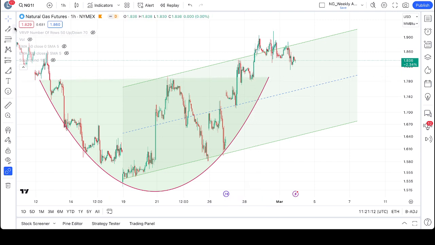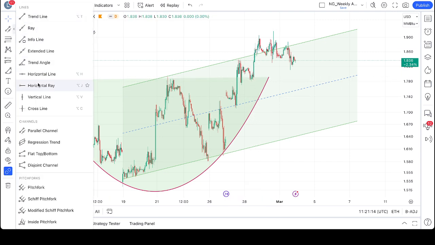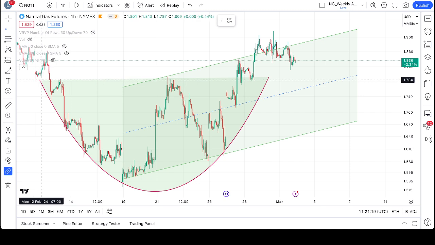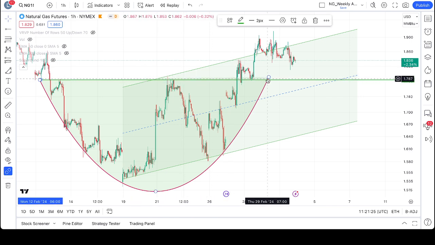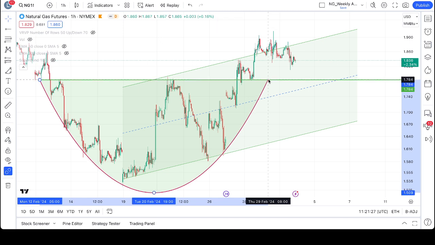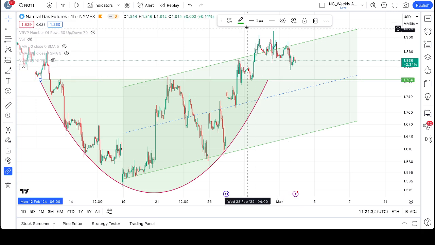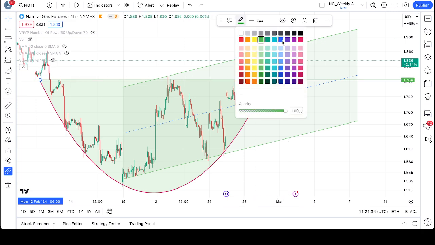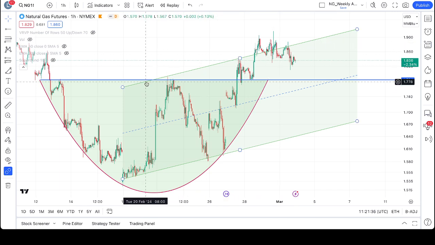Now if I take a horizontal ray and plant it here roughly around this level, and set the color of this to blue, you can clearly see this is our accumulation phase, and the markets are coming here.